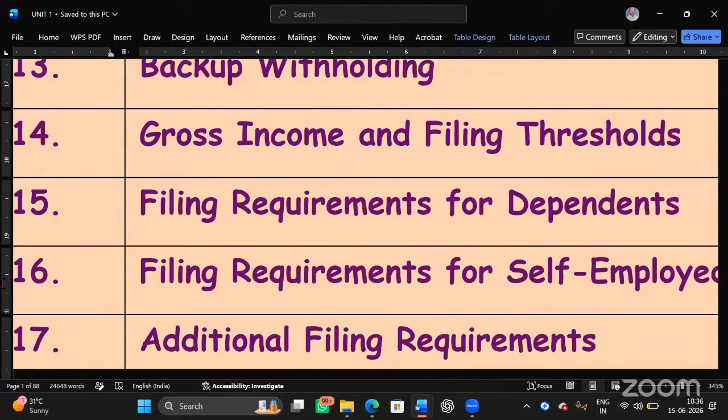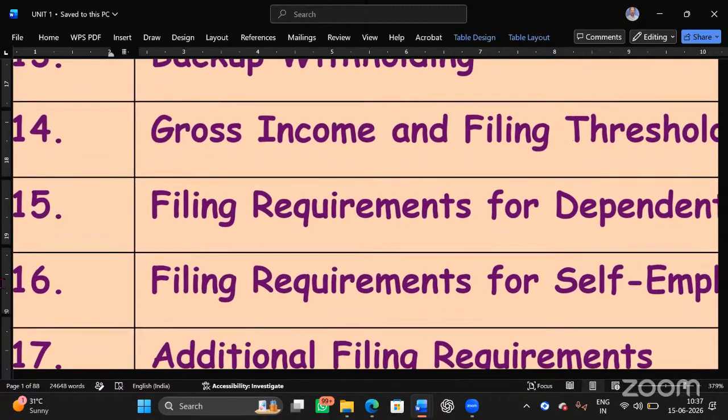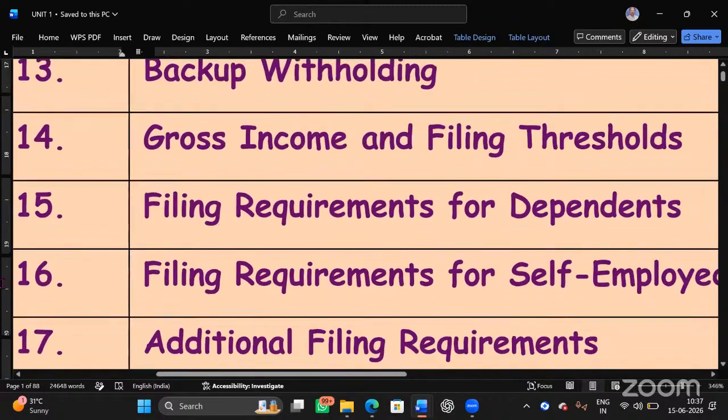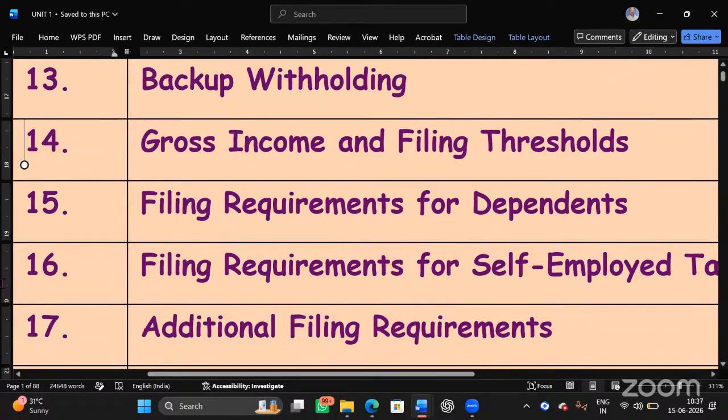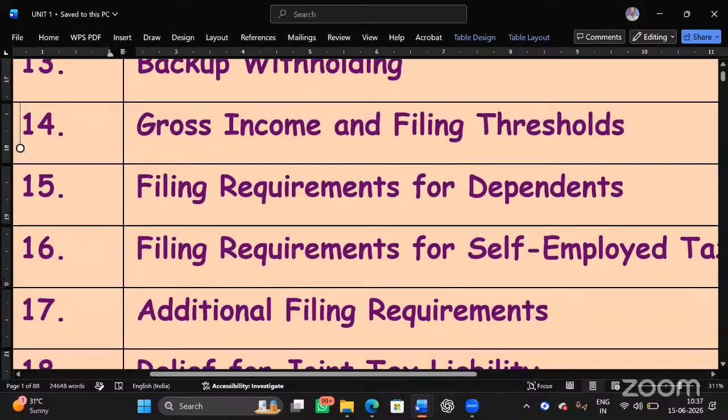If any taxpayer is supporting any dependents, obviously the taxpayer gets tax benefits and the tax burden is reduced. But who is a dependent? What is the criteria to be satisfied to treat him as a dependent? Everything will be covered in subtopic 15.